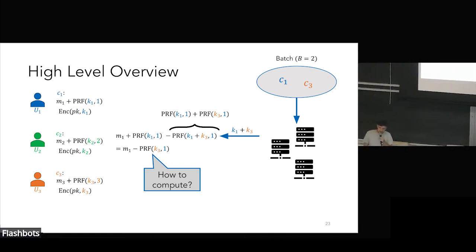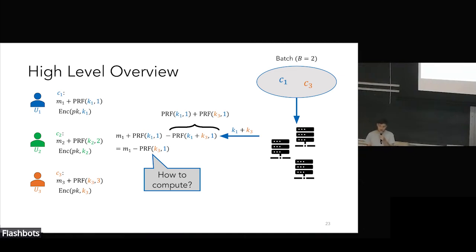Let's say instead of sending K1 and K3, we use some kind of homomorphic encryption to aggregate the ciphertexts and instead send a decryption of K1 plus K3. What happens to our decryption process? We can no longer evaluate the PRF under K1 because we don't know K1. But we can evaluate the PRF under K1 plus K3.